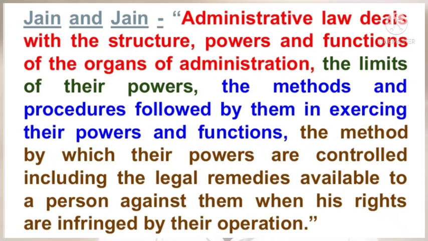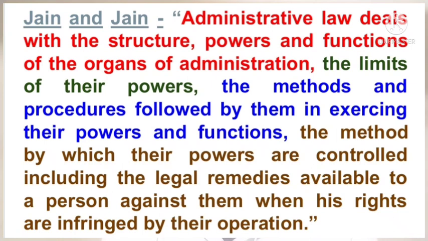They say that administrative law deals with the structure, powers and functions of the organs of the administration, the limits of their powers, the methods and procedures followed by them in exercising their powers and functions, the methods by which their powers are controlled, including the legal remedies available to a person against them when his rights are infringed by their operation. Now, administrative law, according to this definition, deals with four aspects.